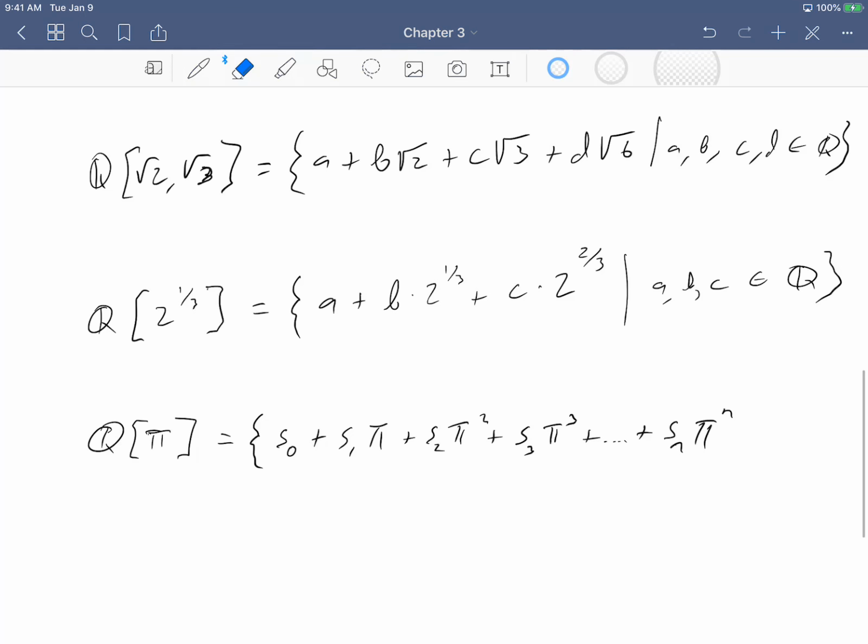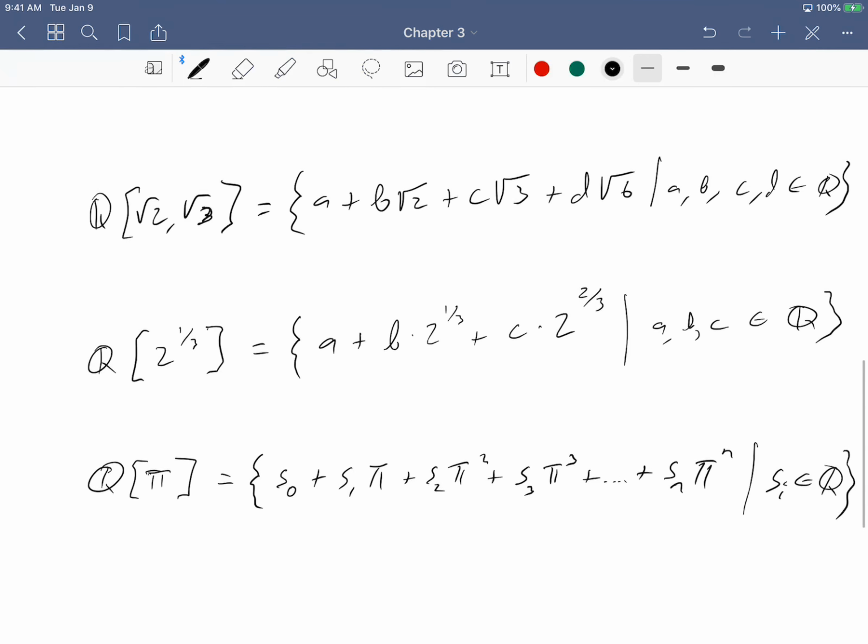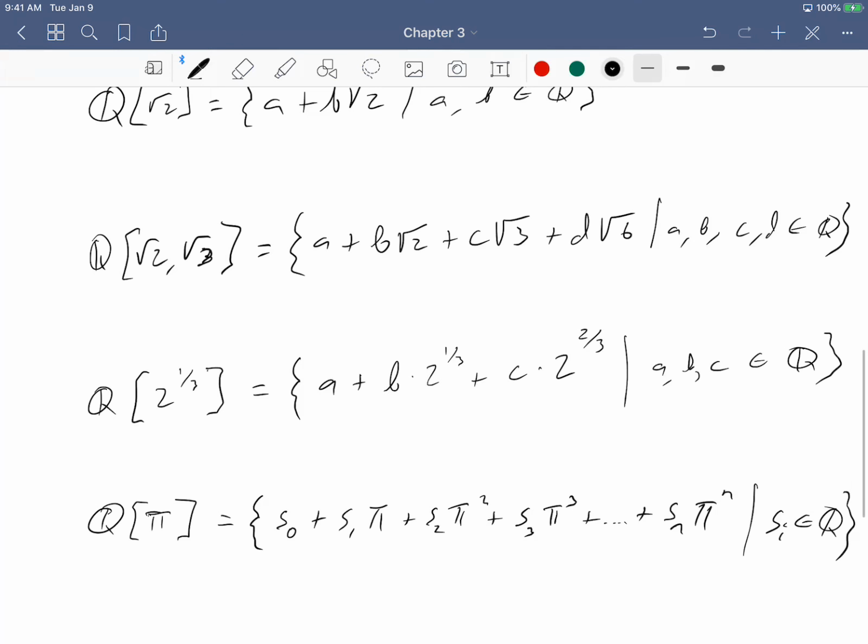Pi, we have no such luck. We are not going to be able to reduce back to any form. We have to just allow all possible powers of pi in our set. And so this is a different kind of beast than the ones up above, which were neat and tidy, right?